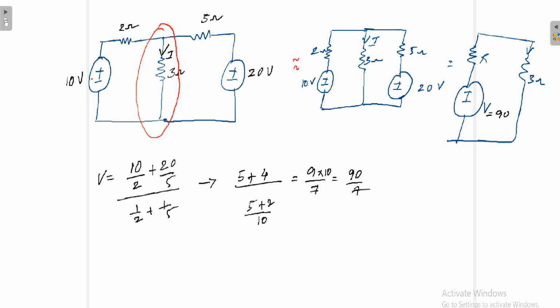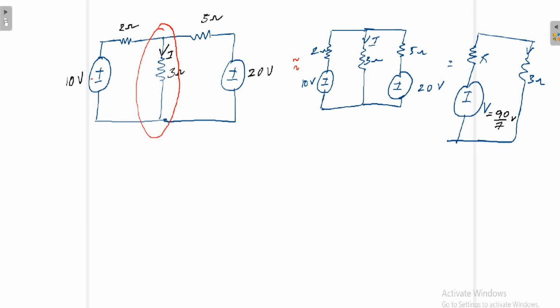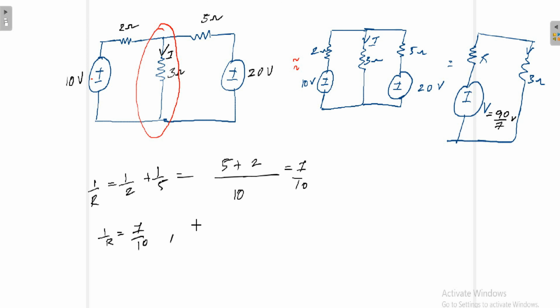Now let us find your R value. 1 by R is equal to 1 by R1 plus 1 by R2, which is 1 by 2 plus 1 by 5, which gives you 7 by 10. Then 1 by R is equal to 7 by 10, so R is equal to 10 by 7.